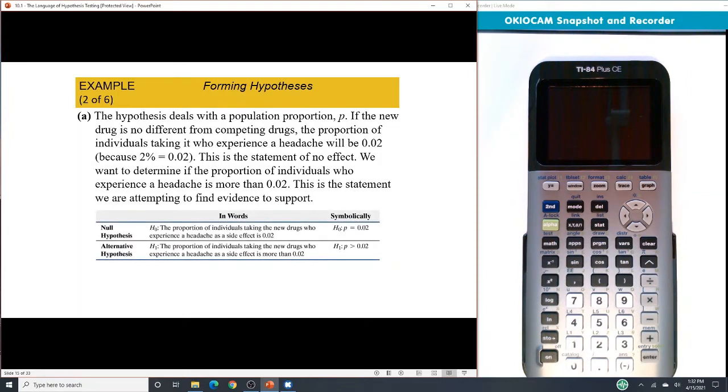So that means that our H sub 0 equals 0.02 for 2%, and our H1 is going to be greater than 0.02. Now notice they used P there because it's a population proportion. It's 2% of the population. Sorry, that's a proportion. So that's why they used P for that.